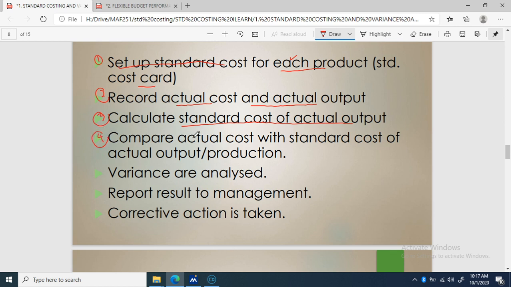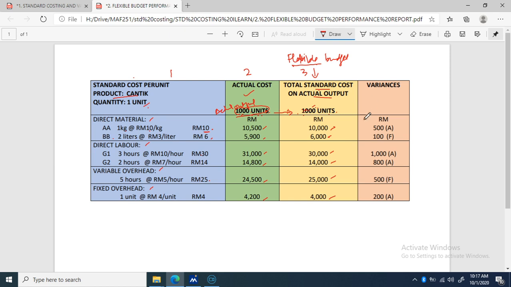Compare actual cost with the standard cost of actual output or production. This is step number 4. We compare actual cost and standard cost at actual output. If you refer here, 10,500 minus 10,000, we get 500. So what is A?